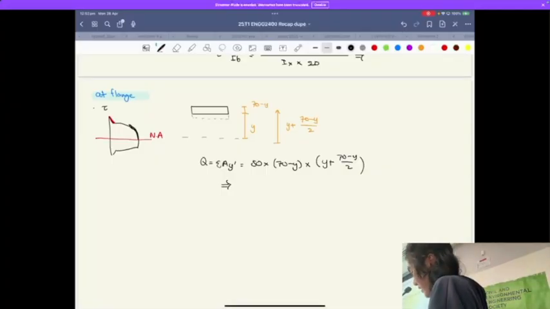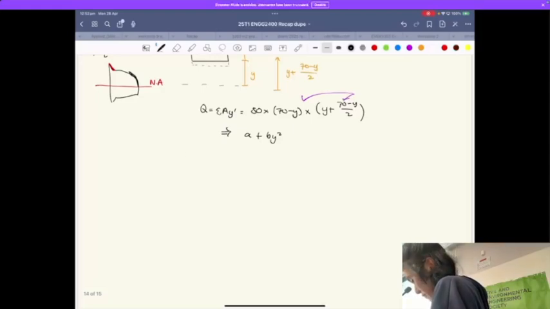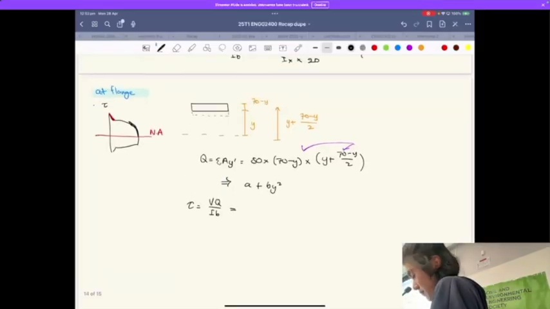You're just putting this into a thing where you have something like a equals b y plus c y squared. And then your shear will be the same thing, V and then plus this, all over Ix.